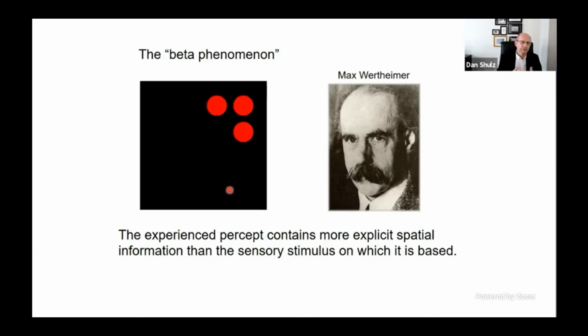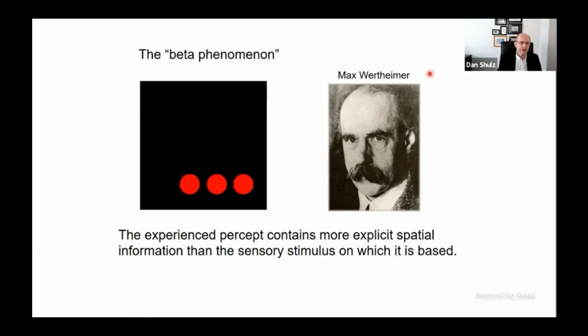You get the impression that this is a moving object, okay? Although each time the image that is presented is stationary. You can perceive a continuous motion of the object along a trajectory, here along the sides of this square. This beta phenomenon was described by Max Wertheimer in 1912 exactly.